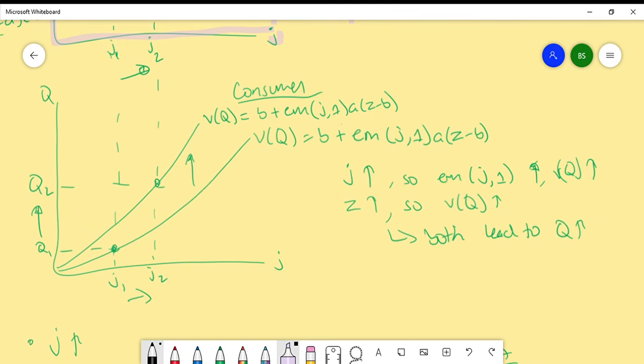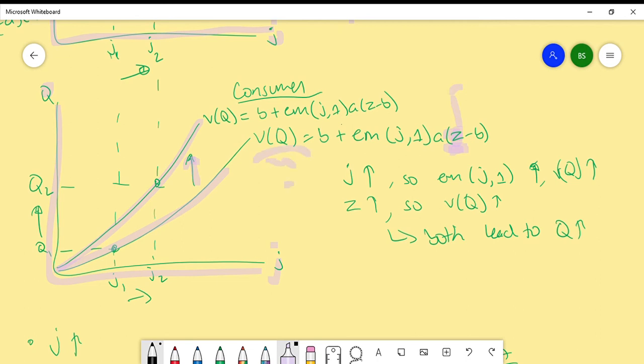So next, we're going to look at this from the consumer's perspective. We have our J and we have our Q and we have our function. First, what do they tell us again? They told us Z increased, which means that the VQ function has to increase, because this Z over here increases, so the entire VQ function increases.